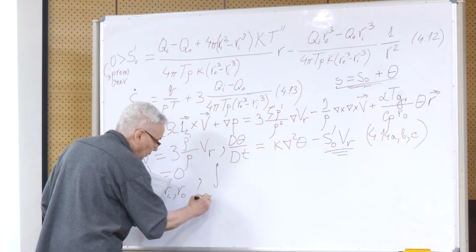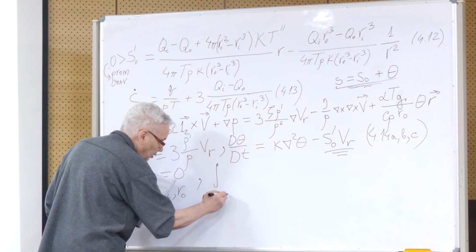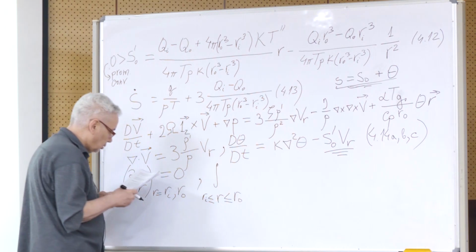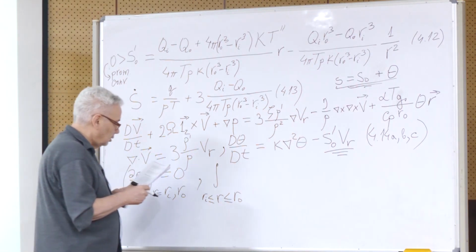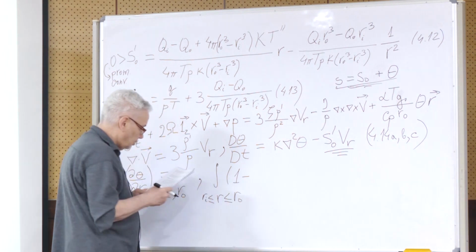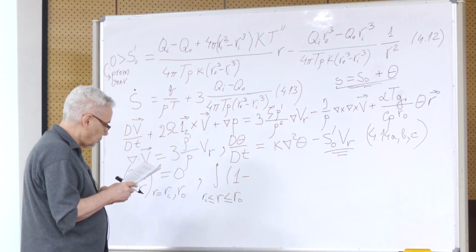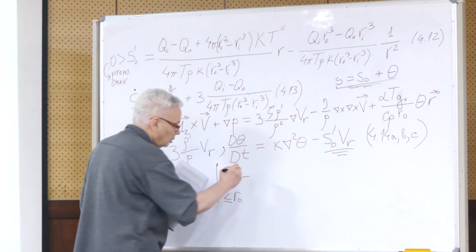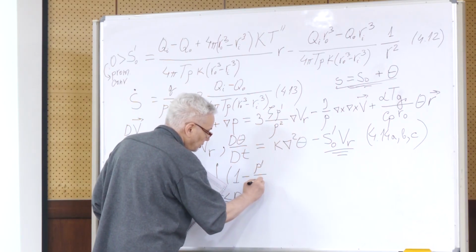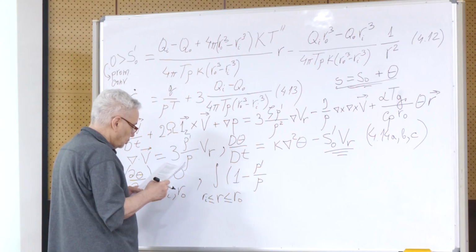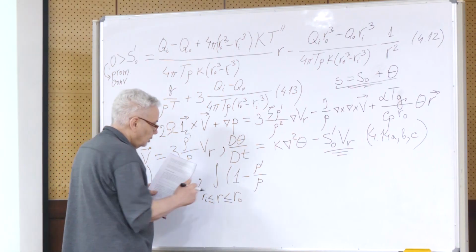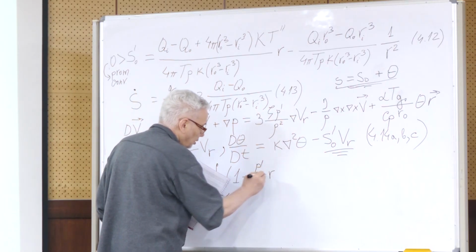Ri and Ro, and this integral is acting on 1 minus rho prime, which is constant in our condition, over rho also constant in our condition, and here we have r.